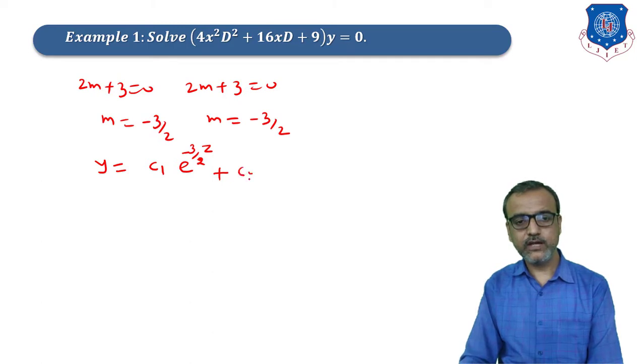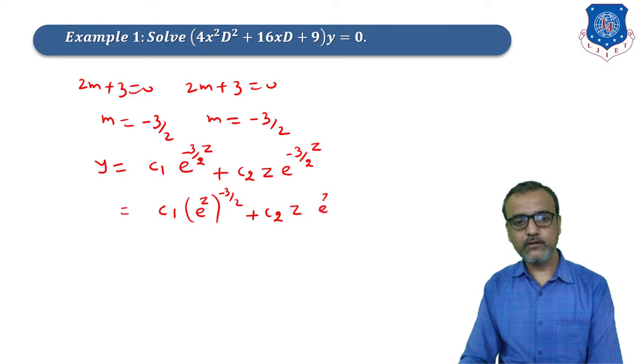So we have c2 z e raised to minus 3 by 2 z. So this equals c1 times e raised to z the whole raised to minus 3 by 2, plus c2 z times e raised to z the whole raised to minus 3 by 2.